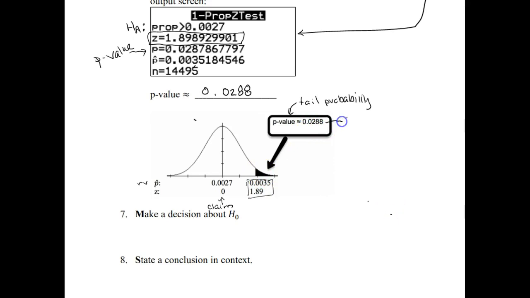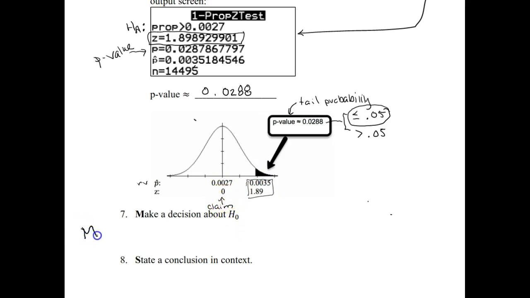Then we were asked to compare that to alpha, which they gave us as 0.05. Either it's less than or equal to 0.05, or it's greater than 0.05. In this case, 0.0288 is less than or equal to 0.05, which means we have an unusually high value, so we're going to reject H0 and conclude that the parameter is higher than what they've claimed.